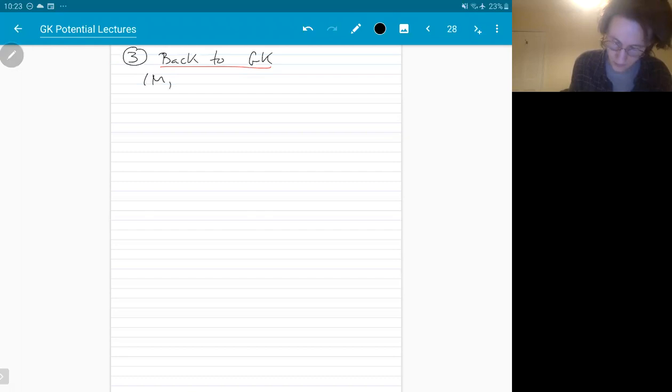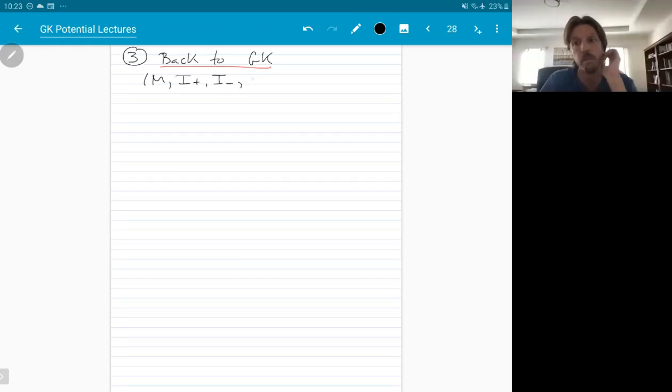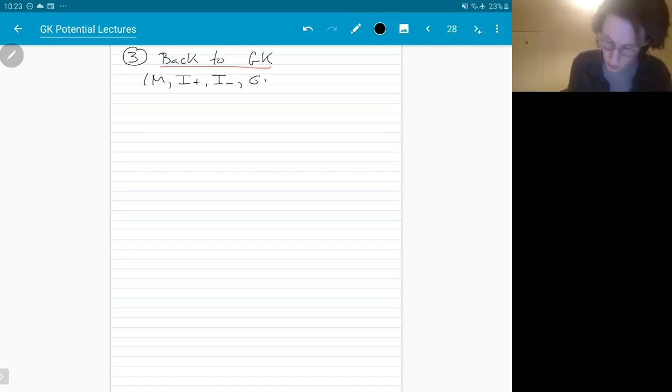Recall a generalized Kähler structure, the way that we're thinking about it, is given by two holomorphic Poisson structures and a two-form F. Here you can see the relevance of Morita equivalence, because sigma plus and sigma minus are not isomorphic, but they are closely related.